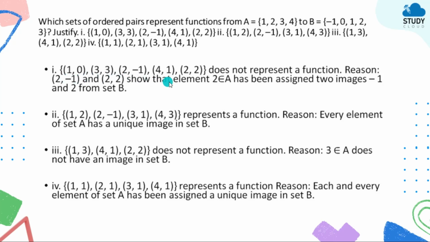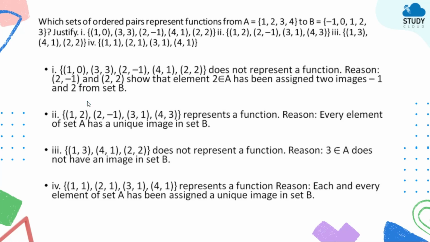Now if you see clearly, this does not represent a function. Why? Because see (2, -1), that is 2 from A and -1 from B, and (2, 2), that is 2 from A and 2 from B. This shows that the element 2 which belongs to set A has been assigned 2 images of B, one is -1 and the other is 2.